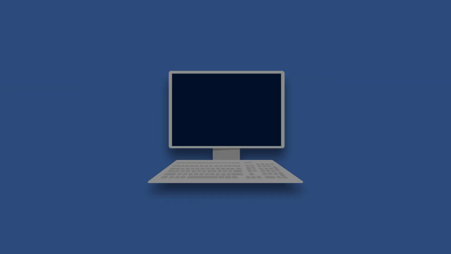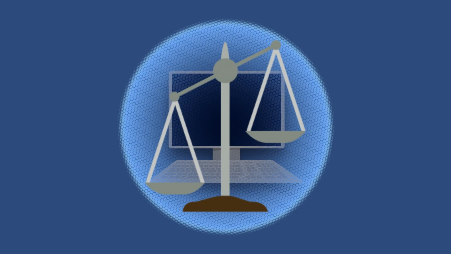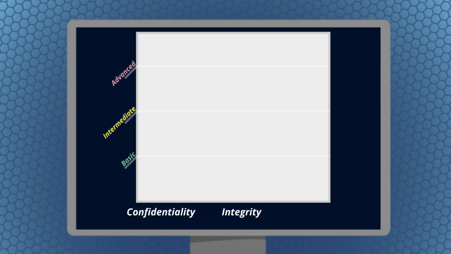Now that we know that digital information should be protected at a level that is aligned with the impact that the compromise of that information could cause, we can understand that not all data is created equal. The confidentiality, integrity, and availability, or CIA, of some data may be more safety critical or sensitive than other types of common data found in the world around us.